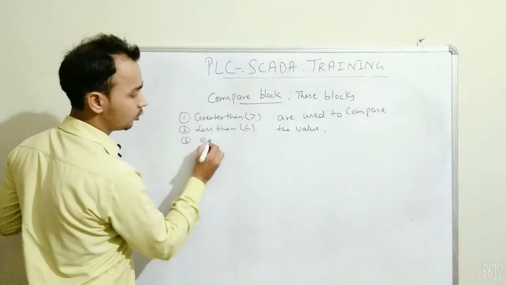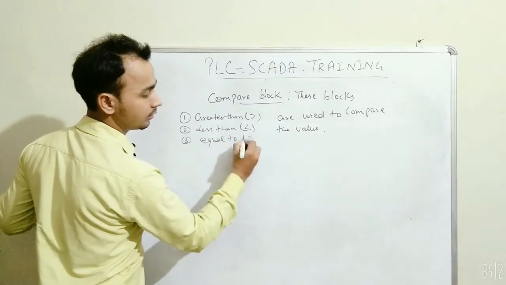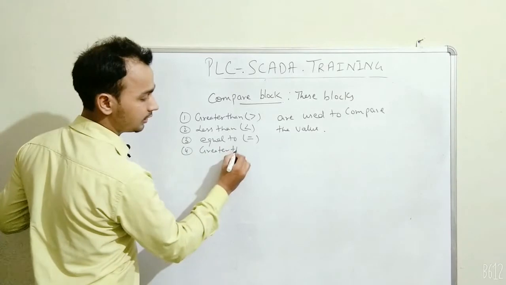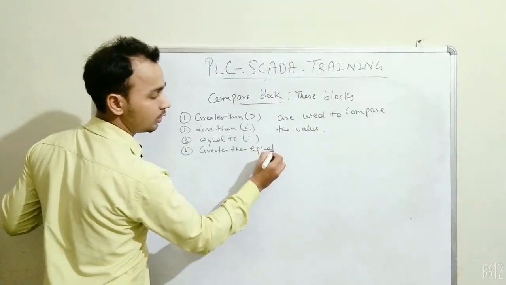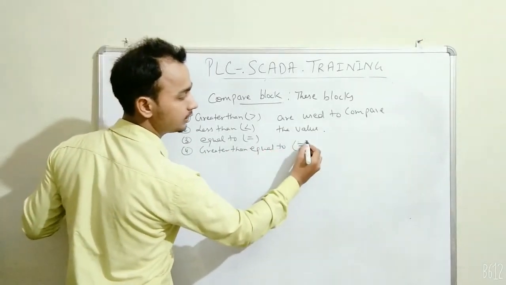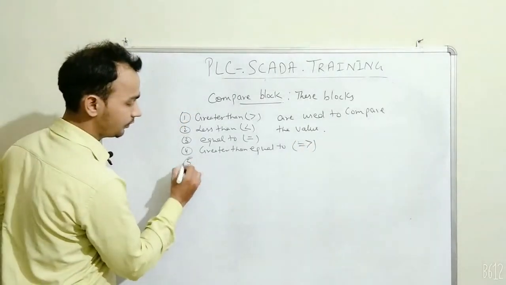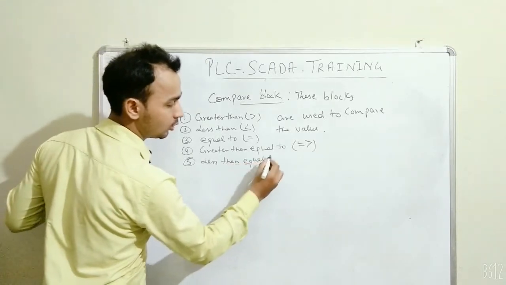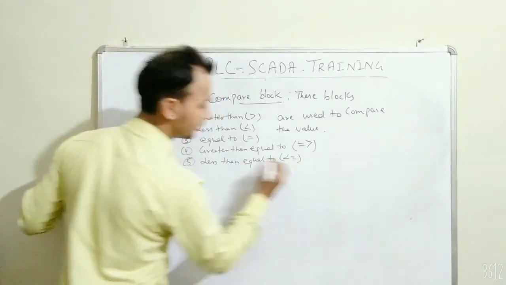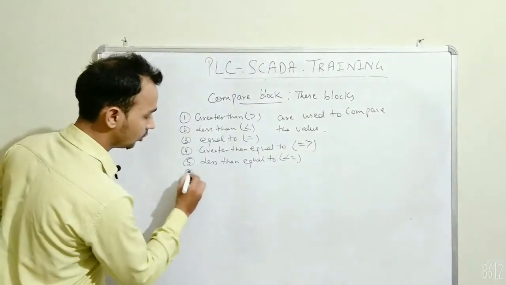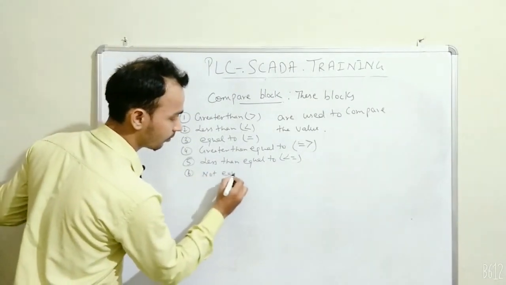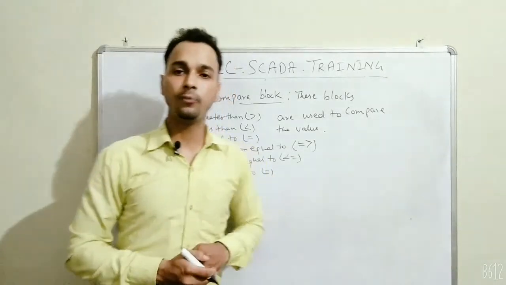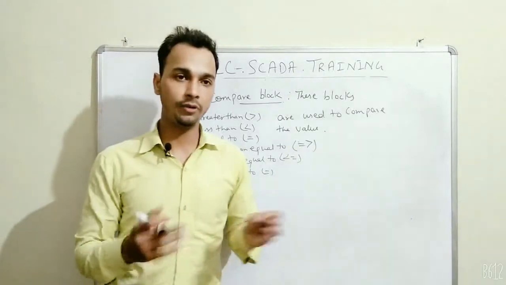Third, equal to, like this. Fourth, greater than or equal to, that is like this. Fifth, less than or equal to, that is this. And sixth, not equal to. So these are the different types of blocks we are going to use in our PLC.